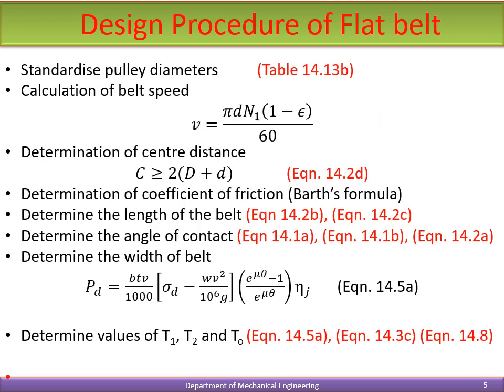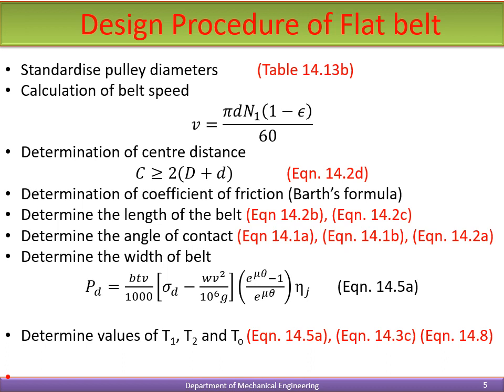And we have the standardized pulley parameters that we can obtain from Table 14.13b. There you have the standardized belt pulley dimensions that we had done in the previous problem.